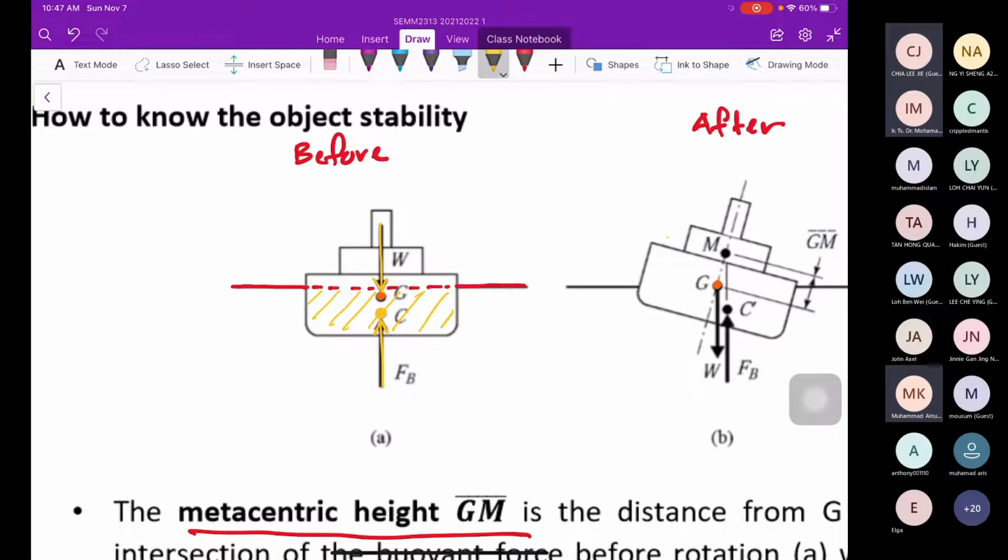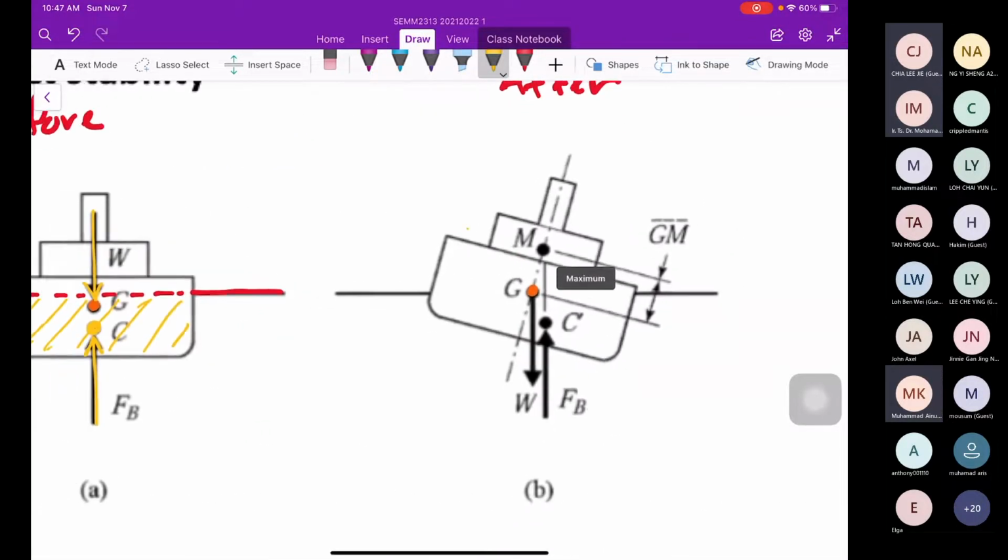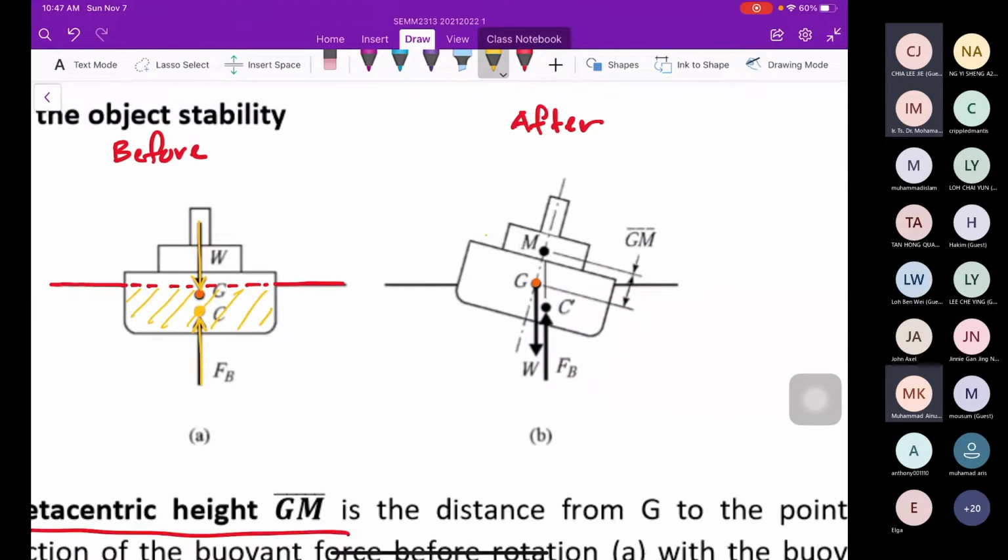After the rotation, we give a small disturbance, it will rotate. Whether it remains at the original position or restores the movement or not depends on the GM. After we rotate, this boat will be like this. The G is always the same, and the direction is always vertically downward.